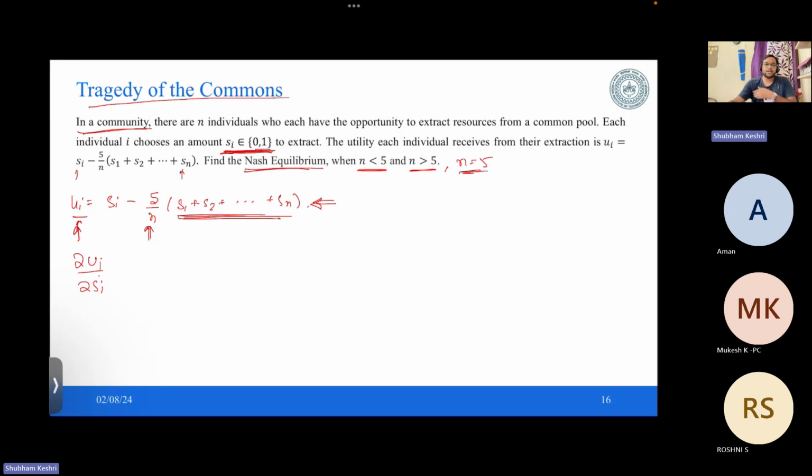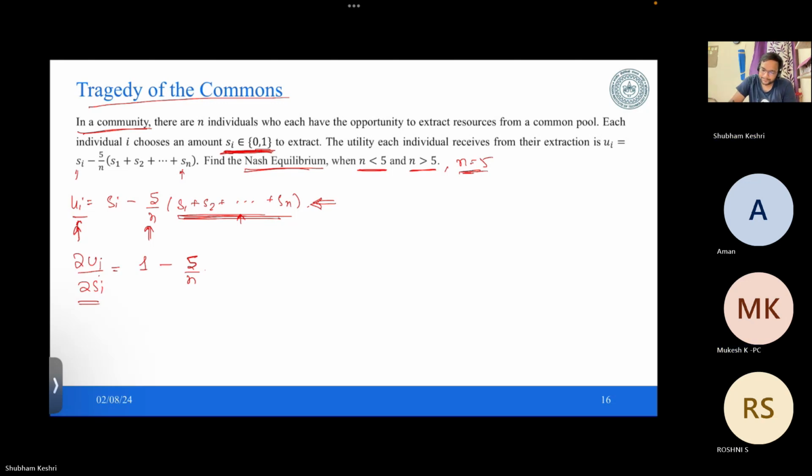You are assuming that all the other strategies are fixed, and therefore you are partially differentiating this utility function. You get 1 minus, everything else is fixed. There will be one s_i over here as well, so 5 by n, this will be 10.